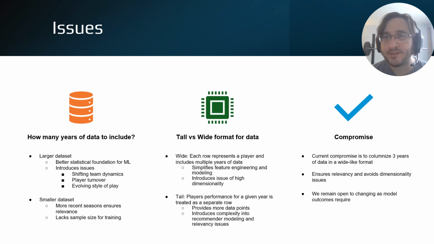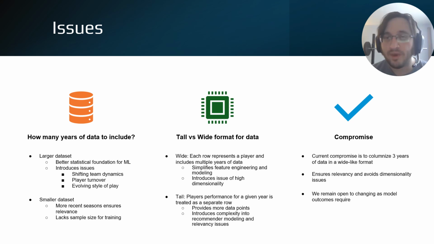We also ran into the question of a tall versus wide format for our data. Wide meaning that each row represents a player and can include multiple years of data, whereas tall means that player performance for a given year is treated as a separate row. In the wide scenario, we simplify our feature engineering and modeling, but we introduce issues of high dimensionality, which will make it harder to perform well.